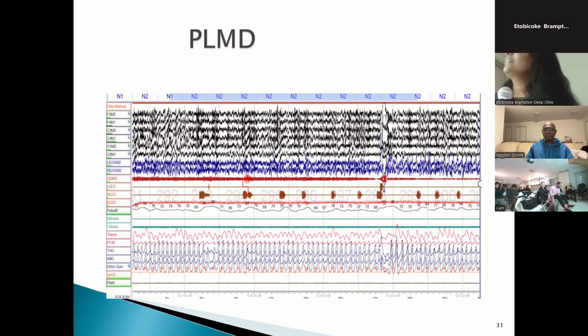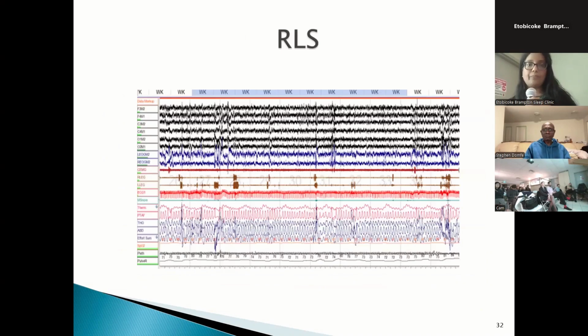And when you see the heart rate here, it rises, increased heart rate with the movements. Usually we see sinus arrhythmia, but here you can see the heart rate goes up with all the movements. This is the limb movement in wake period.